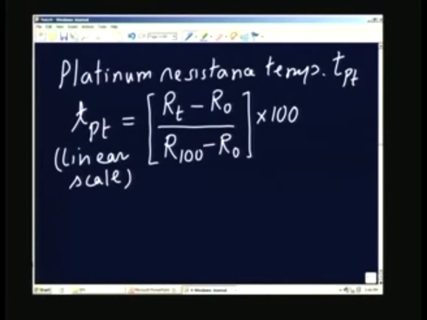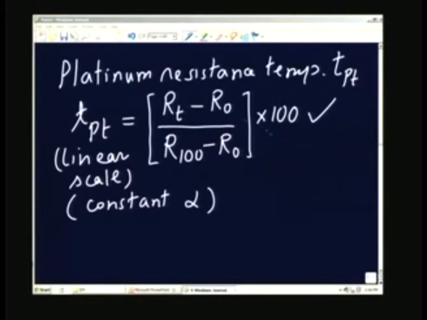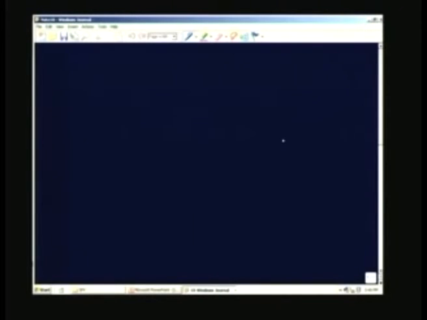This is assuming a constant alpha. You remember the alpha, how it was defined. I am using that definition to write the temperature as T subscript PT. Now, let us look at the nonlinear case.